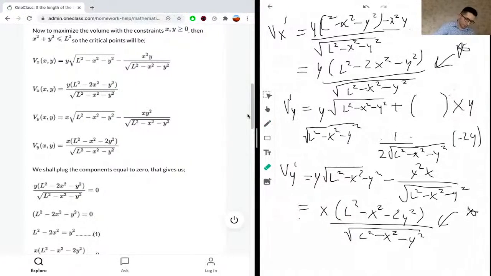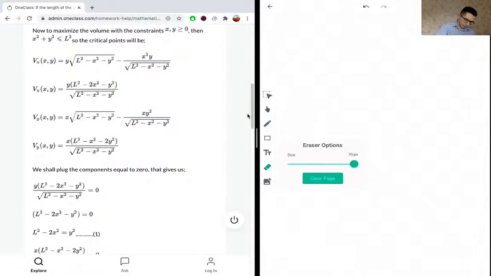Okay, so I'm going to clear the page here. So to maximize the volume, we need to set one of these derivatives to 0. That way we know where the values of the terms x and y exist, such that it's maximized or minimized, and we'll find this out in a second.